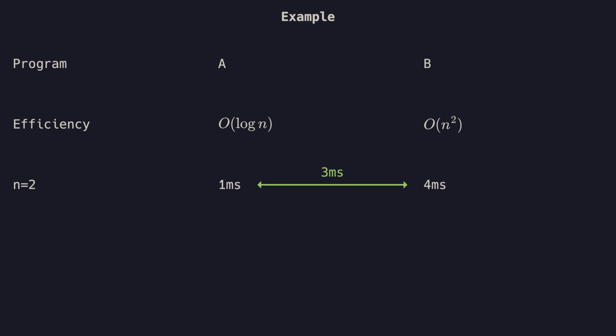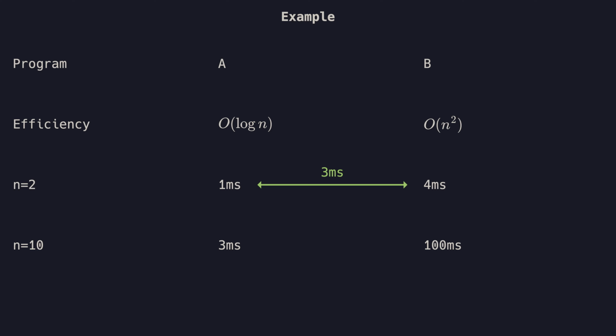Now, let us take a look at what would happen if each of these programs were put to use and we got 10 inputs instead of 2. Program A would take about 3 milliseconds for 10 inputs, and program B, on the other hand, would take 100 milliseconds.